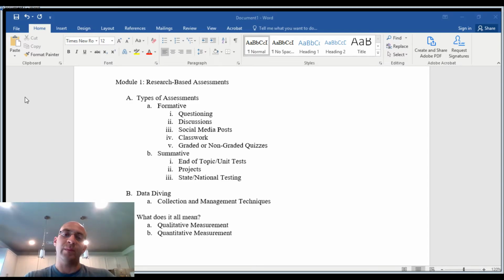Last one on the list for formative in my book is graded or non-graded quizzes. So quizzes are important from a summative standpoint as well, and quizzes certainly make up a good portion of grade books across the country. But I like to use quizzes too in a non-graded fashion, and that's why I put this under the formative assessment standpoint.